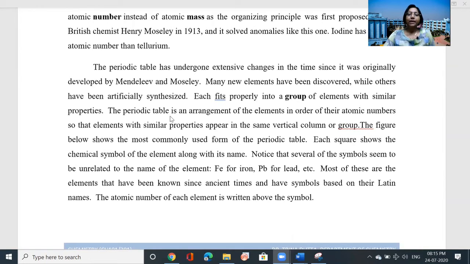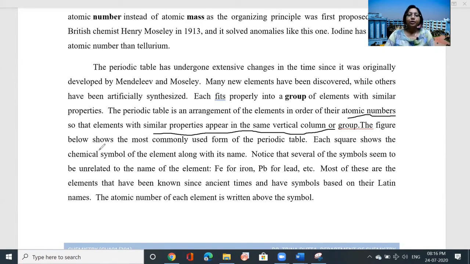The periodic table is an arrangement of the elements in order of their atomic numbers so that elements with similar properties appear in the same vertical column or group.